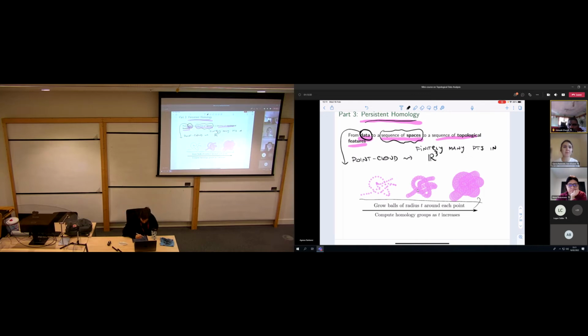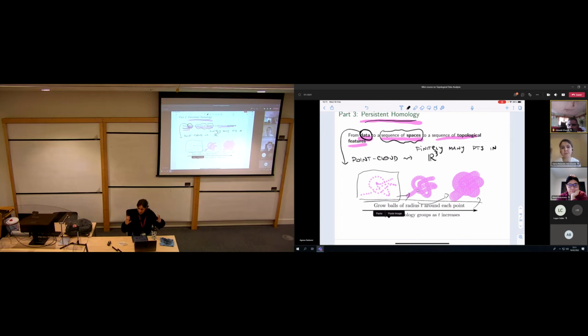So I'm starting from a point cloud. I want to find a way to create a sequence of topological spaces in a way that resembles enlarging points to be balls, to create stuff that looks like that. Okay? This is called a filtration of topological spaces.